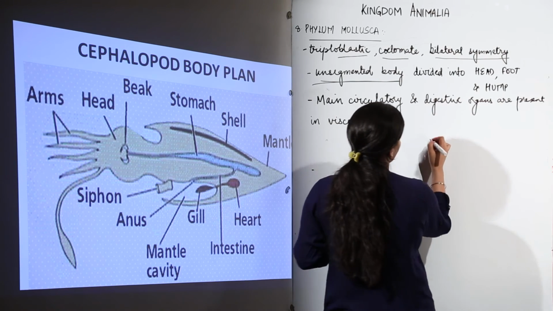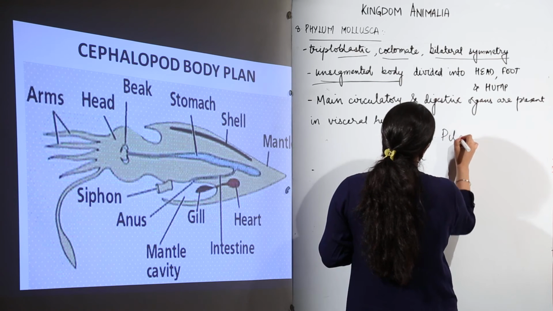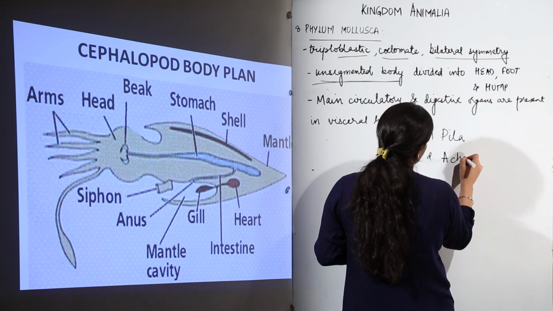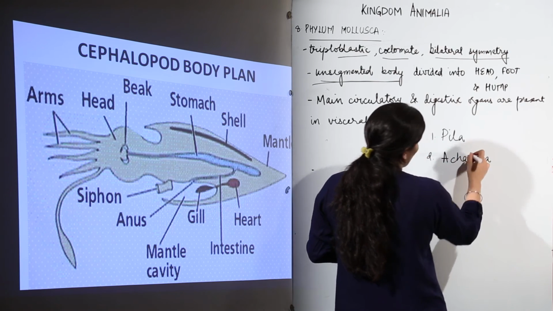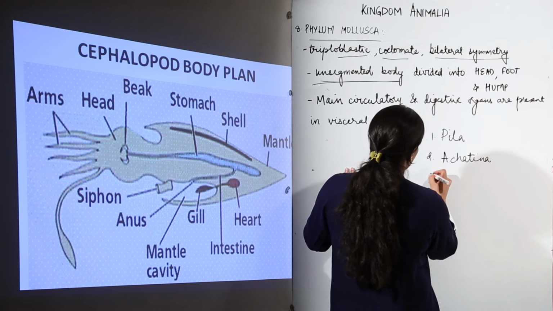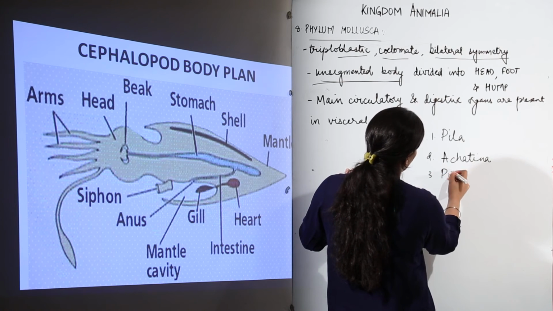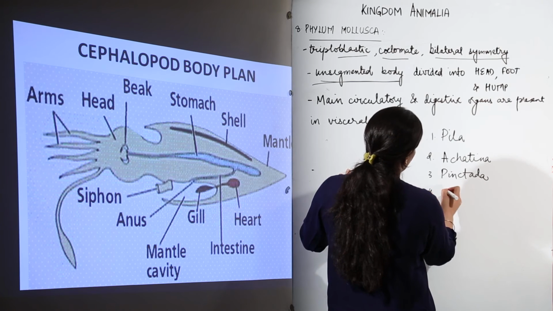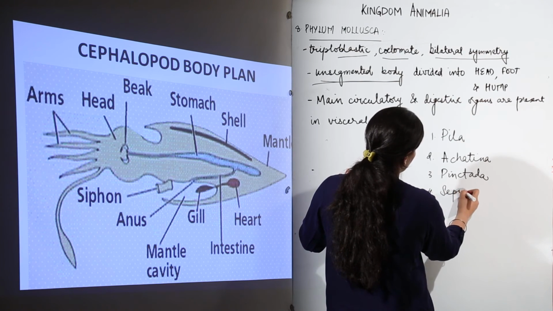Now let us see the examples. First one is Pila, that is the apple snail. Second one is Achatina, that is the common land snail that we have. Then the third one is Pinctada, that is the pearl oyster. Then we have Sepia, that is the cuttlefish.